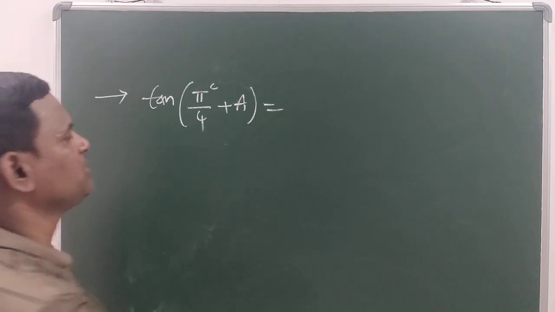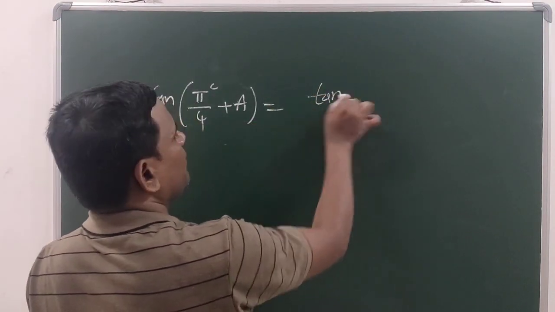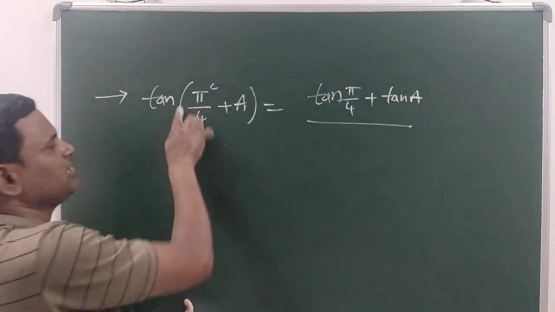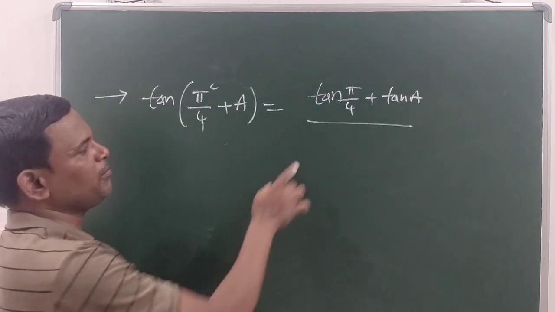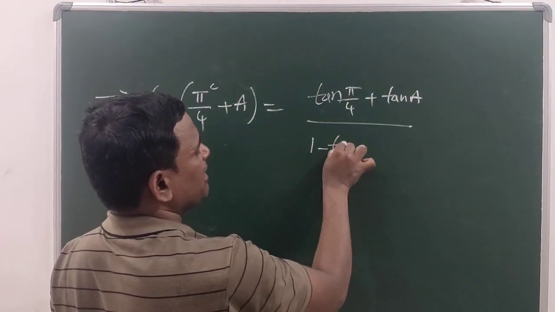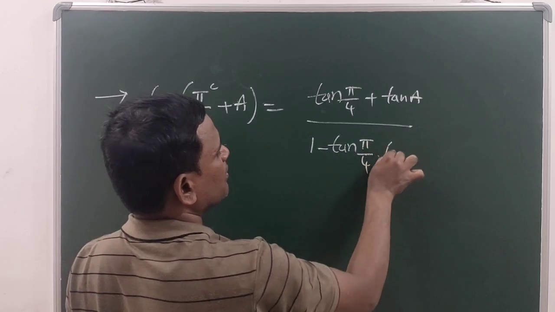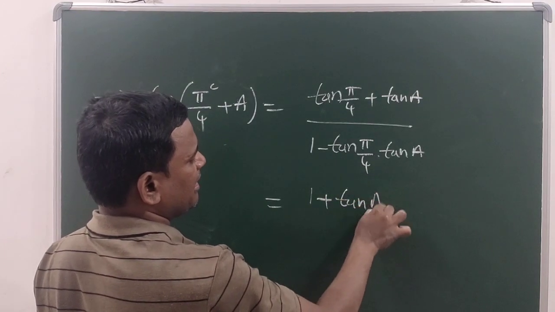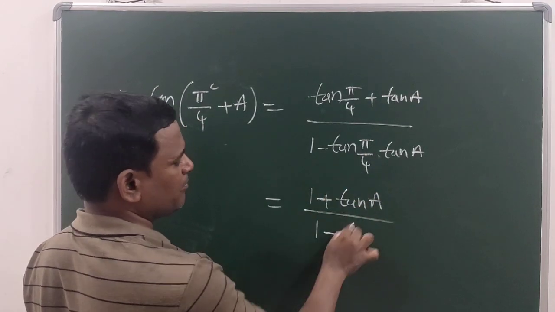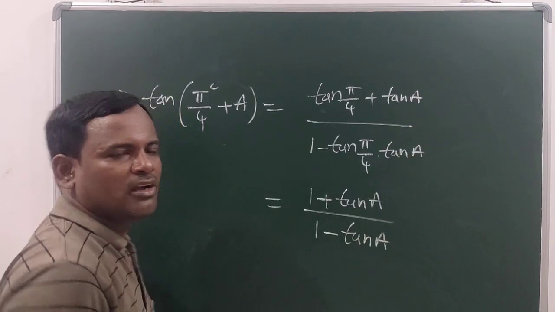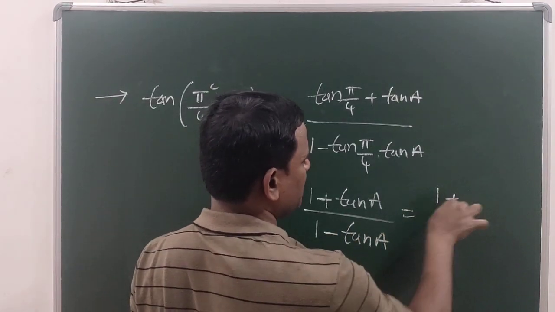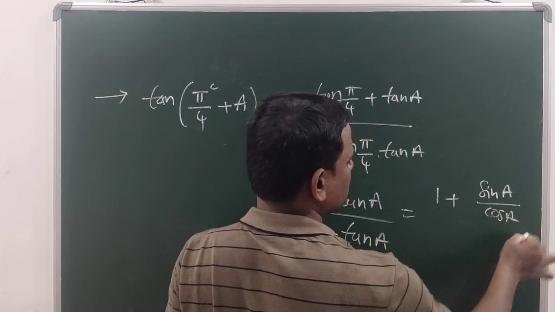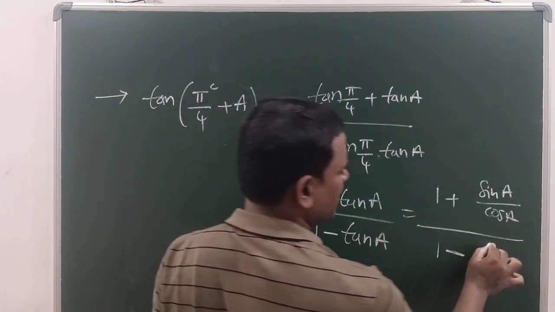Now you know the tan(A+B) expansion: tan(A+B) equals (tan A + tan B) by (1 − tan A tan B). Treat 45 as A and A as B. So tan 45 plus tan A by 1 minus tan 45 tan A, with tan 45 equal to 1, gives 1 plus tan A by 1 minus tan A. Tan A can be written as sin A by cos A.